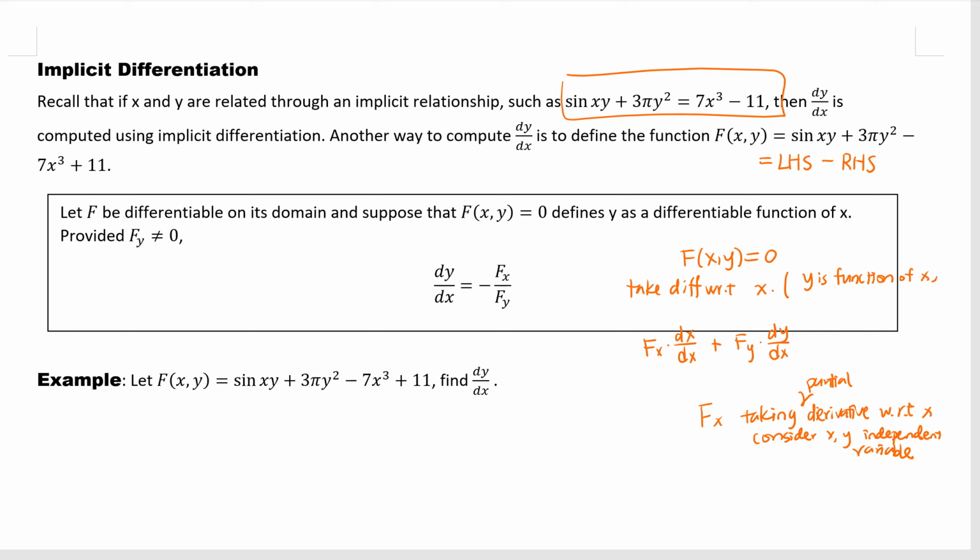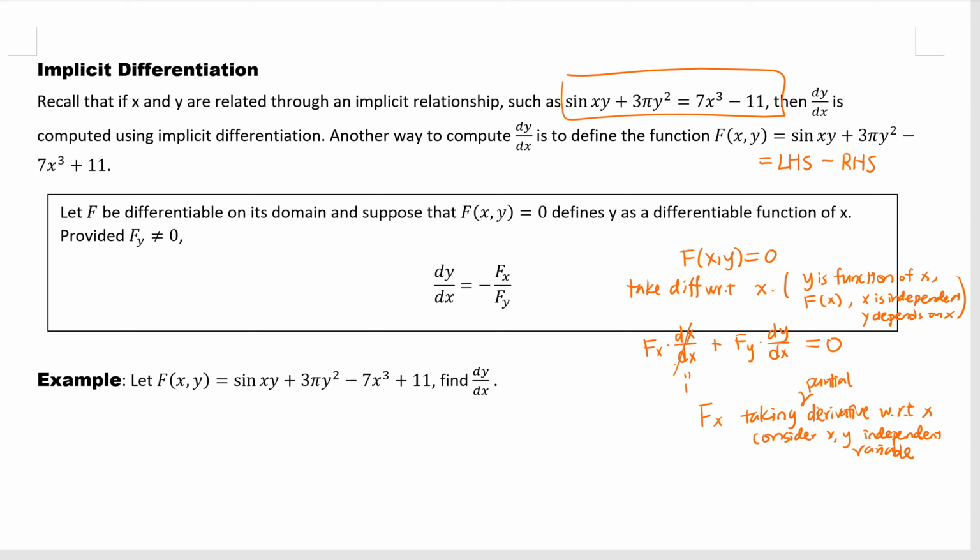We consider f as a single function of x, so only x is the independent variable. y depends on x. On the right-hand side, the derivative of 0 is 0. That's why we need the chain rule in this case. And now you can see dx/dx equals 1.